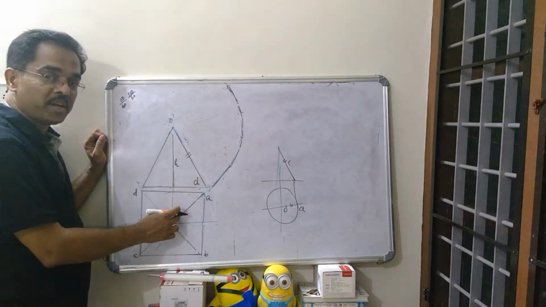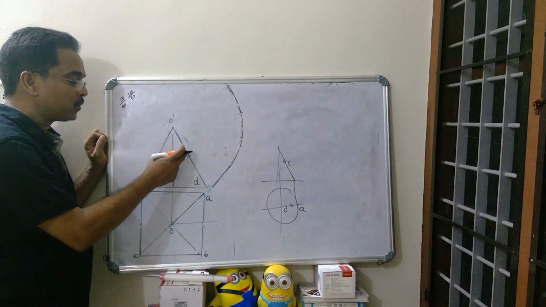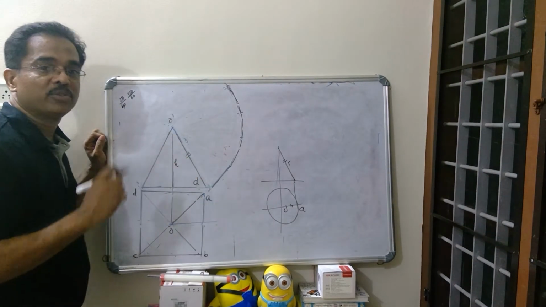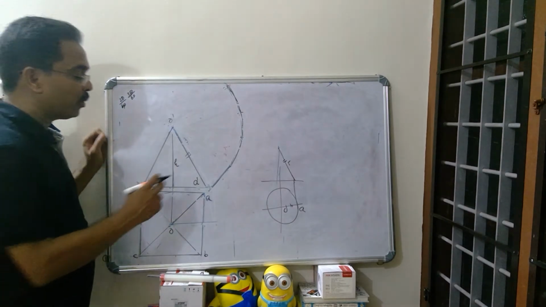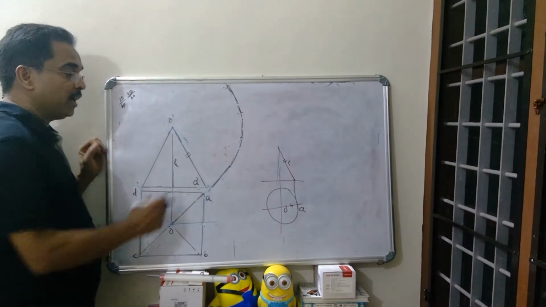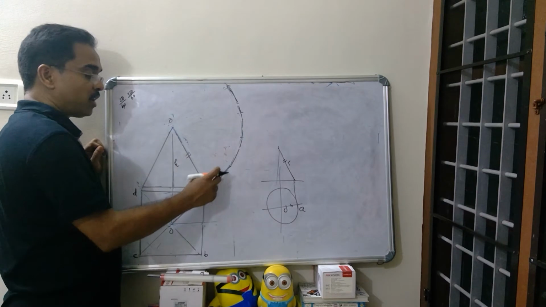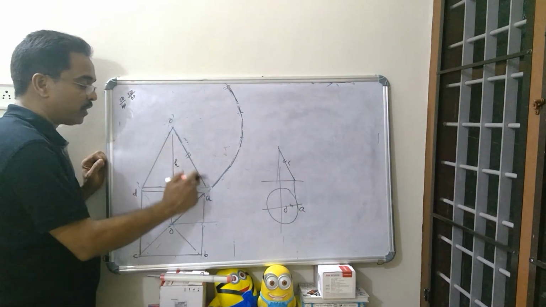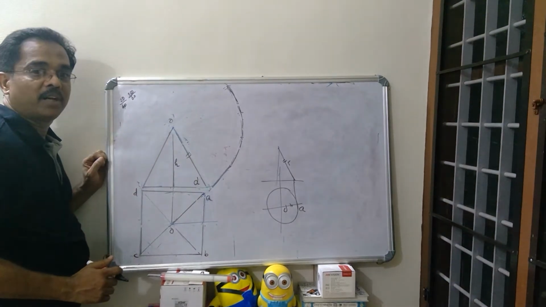So this line is inclined to both planes, so neither the plan length nor the elevation length will give the true length. So how will you get the true length of the line OA? You know that for drawing this arc, the radius should be equal to the true length.